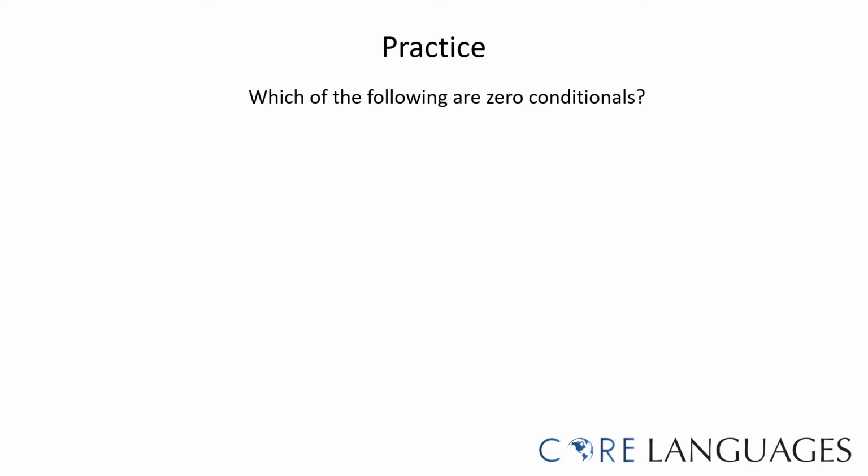Let's read the following sentences and try to determine whether the sentences are a zero conditional or not. If a bear is surprised, it attacks. Both verbs, is and attacks, are in the simple present, and the sentence states a general truth.